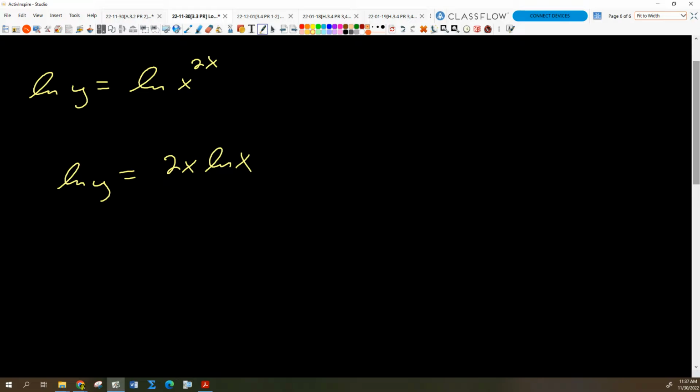Okay, more specifically, I'm going to implicitly differentiate with respect to x. There we go. Okay, so that's going to give us, from this first one, y prime over y equals, how about over here? Let's group it like that. How am I going to differentiate the right side?